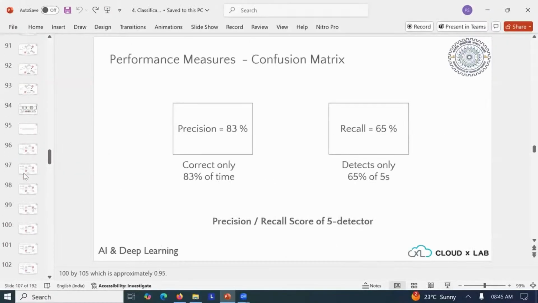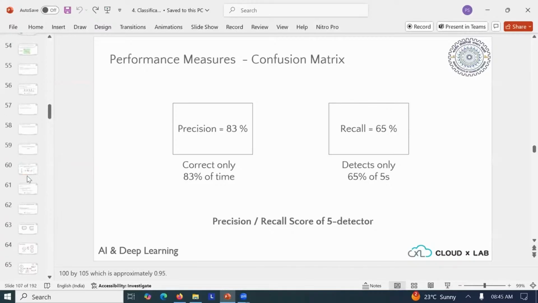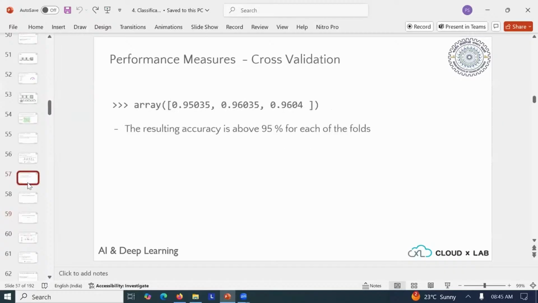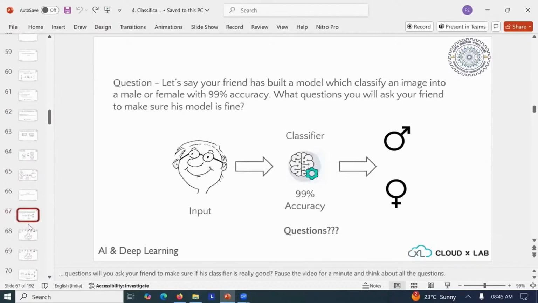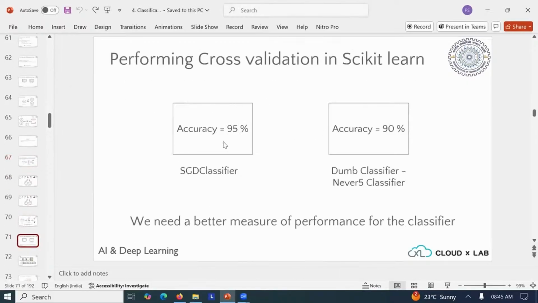If we calculate precision and recall for the same 5 detector, this time we are getting 83% precision, or 0.83, and 0.65 recall, right? Okay. For the same detector, when we used classification accuracy as the performance metric, we were getting 95% accuracy for the same 5-digit classifier.